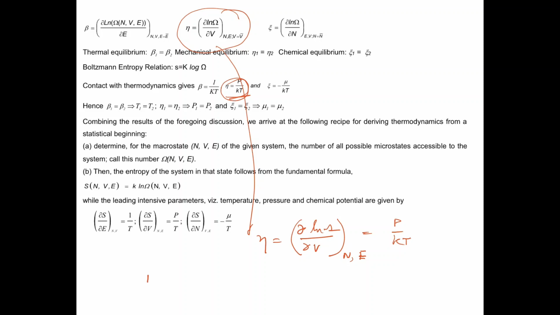Or if you write P by T, that is equal to ∂/∂V of K log omega at constant N and E. But K log omega again is S. So for P by T we obtain ∂S by ∂V at constant N and E, which we have over here.